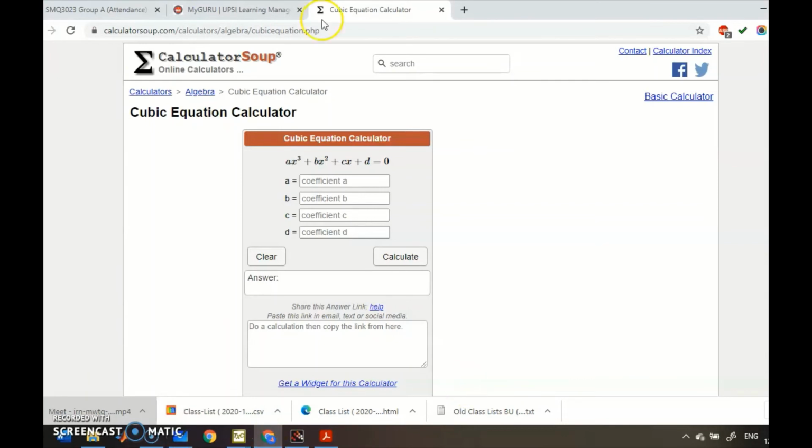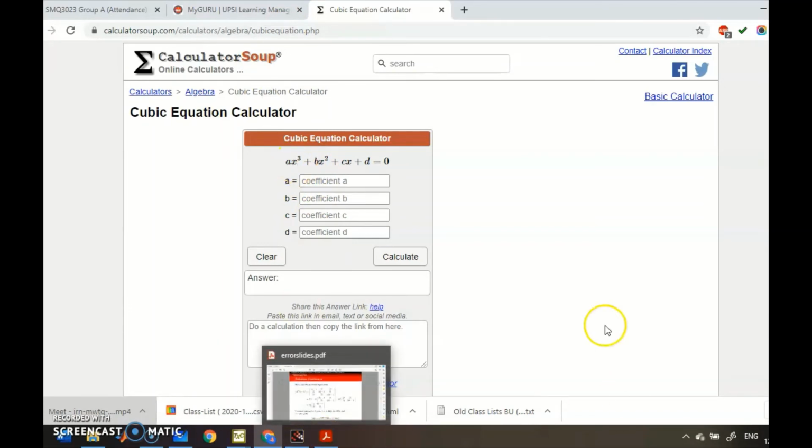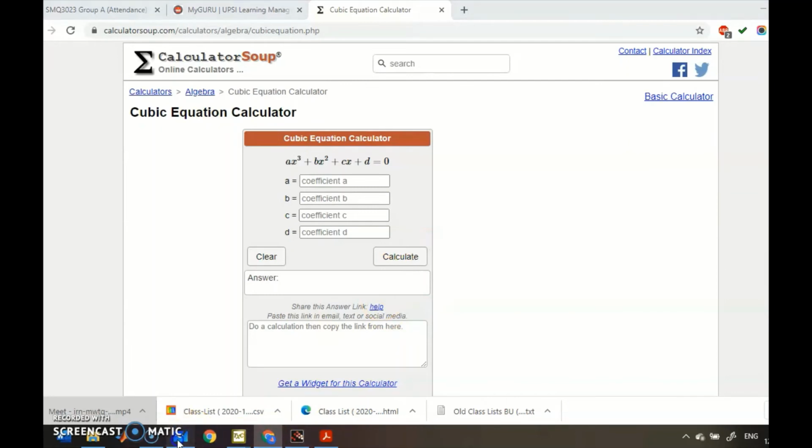Okay, I can use a simple tool here. See, it's in the form A, B, C, D. A is the coefficient of lambda, the highest power 3. So if I check, it was minus 1.